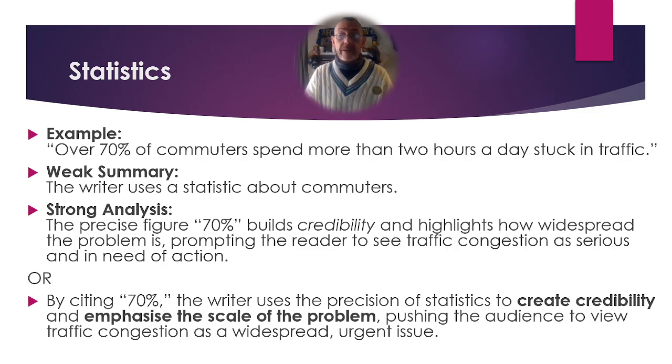Or if you want to elevate that, you could have something like, by citing 70%, the writer uses the precision of statistics to create credibility and emphasize the scale of the problem, pushing the audience to view traffic congestion as a widespread urgent issue.